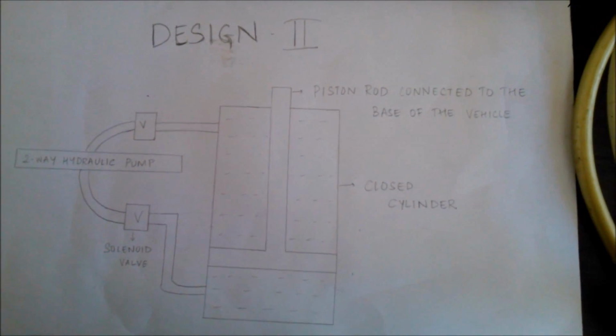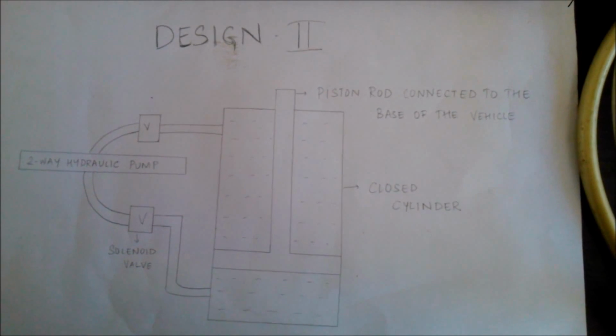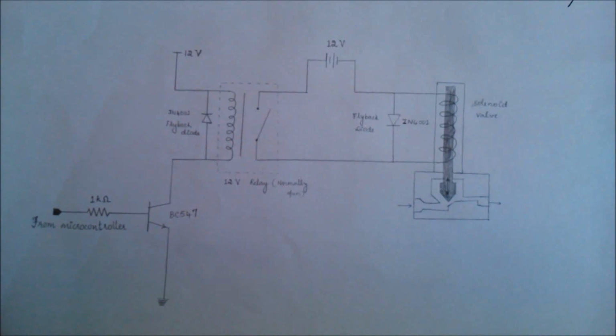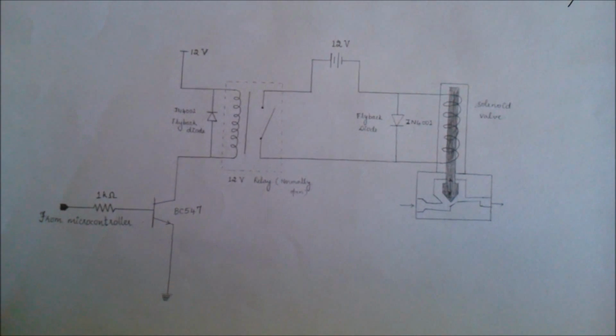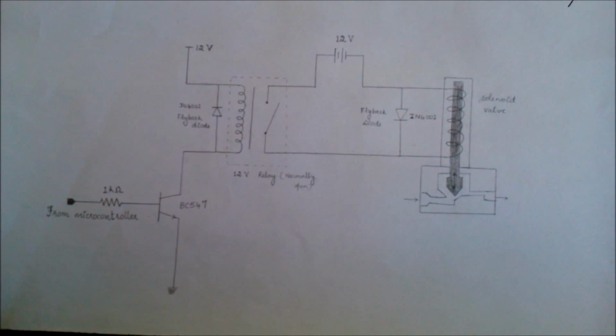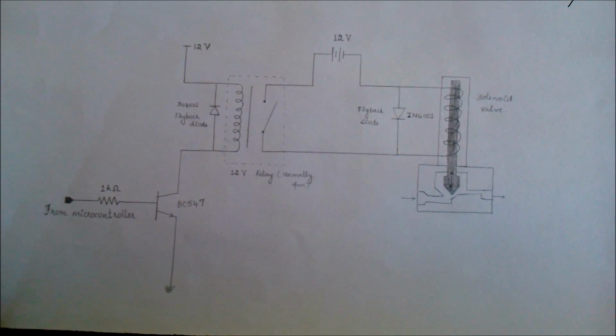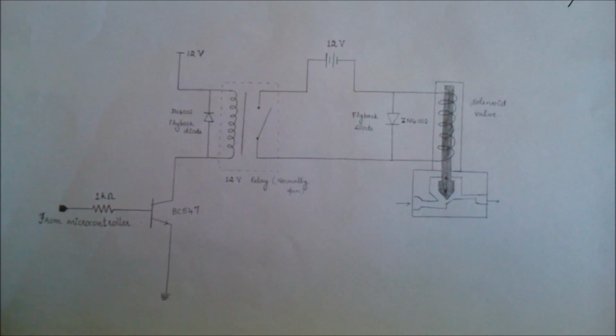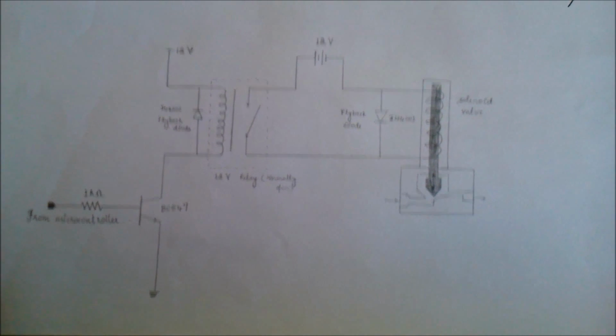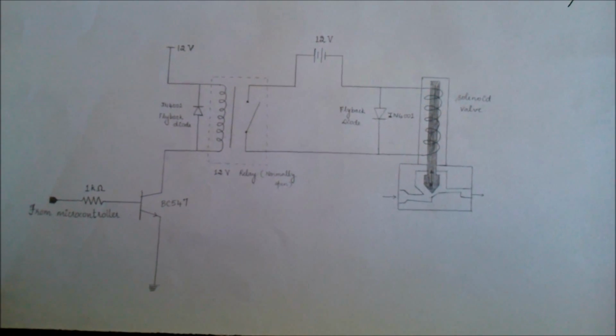In both cases, the solenoid valve is controlled using the microcontroller. A solenoid valve is used to control the suspension. This will help in interfacing the microcontroller and the mechanical system involved in the suspension. For the wiring of the solenoid, a circuit with a relay is used. The output from the microcontroller is fed to the relay of the circuit.